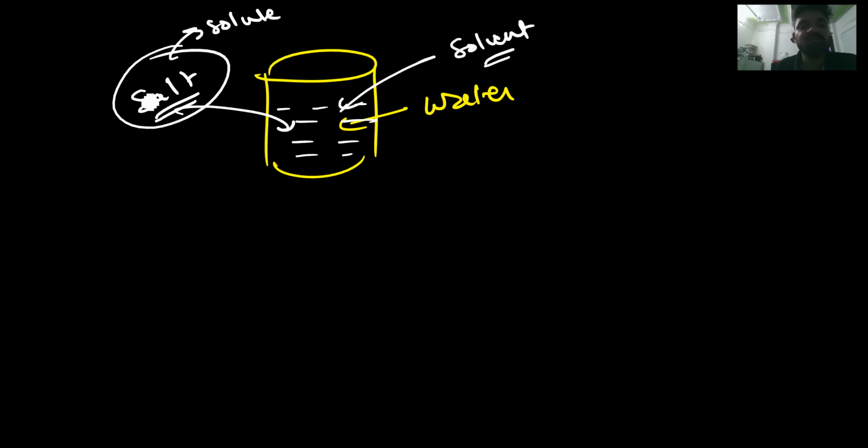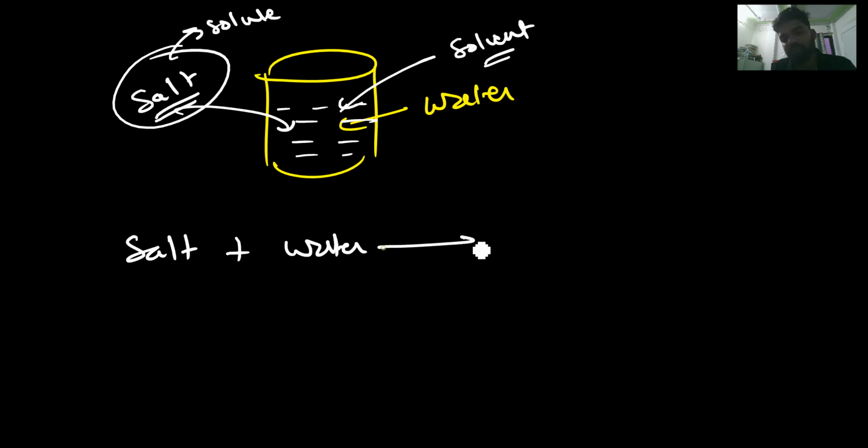So if I'm saying that this one is solute and this one is solvent, you might say that water is liquid and we are just adding a pinch of salt, so water is in more quantity and will be considered the solvent. No, this is not right. The substance that is in the larger amount is not necessarily the solvent. The solvent is the substance that has the same physical state as the solution. For example, when salt is added to water, it forms a salt solution.